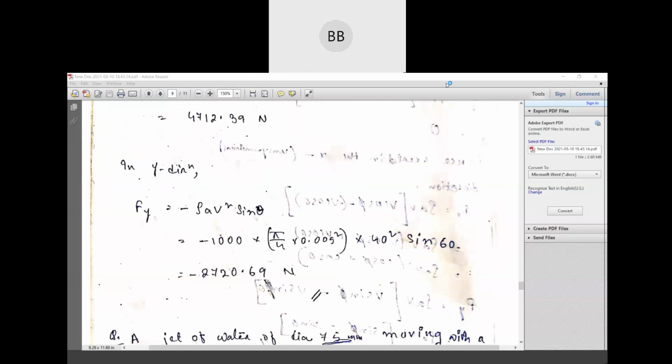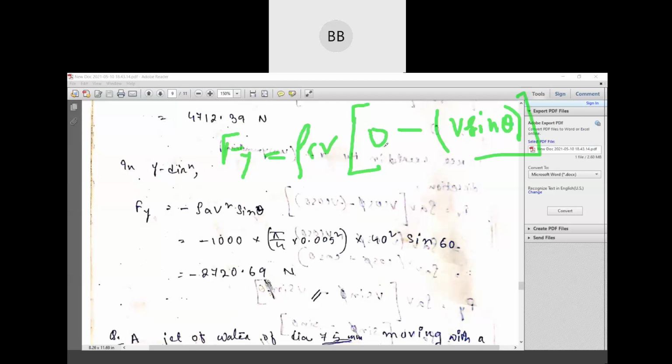F of y is also rho a v. Then initial velocity in y direction is 0, minus, then we have v sin theta.